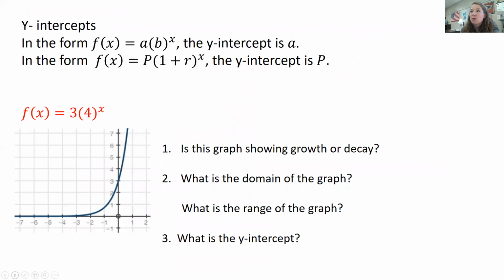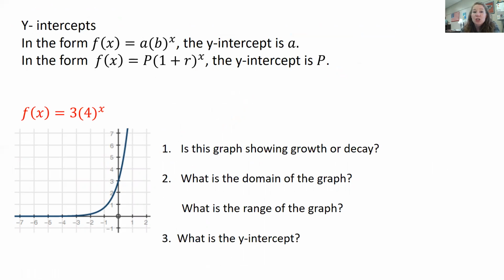All right, now the y-intercept, of course, is our starting place. It's always where our graph crosses the y-axis. The compound interest formula is right here on the bottom. The top one is the kind of graph we were just looking at.